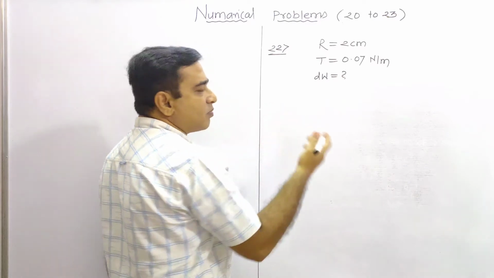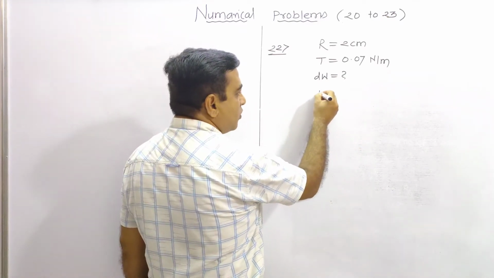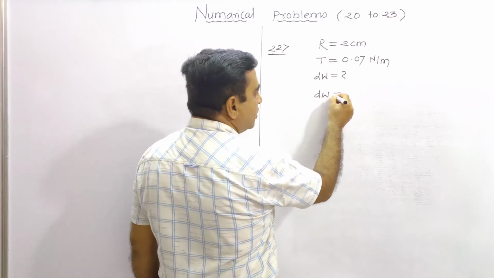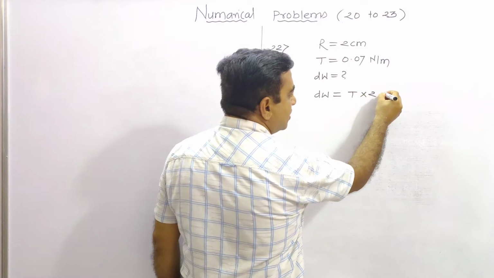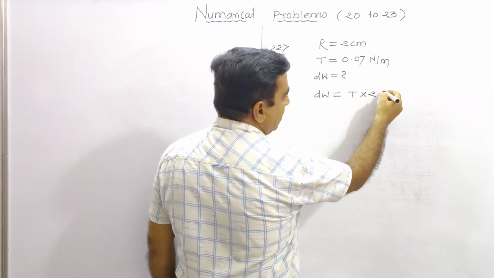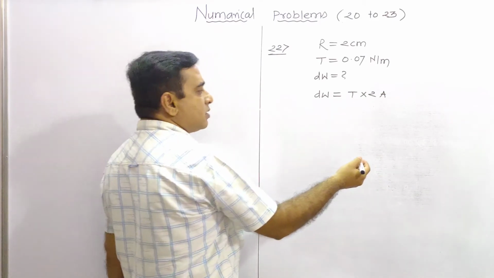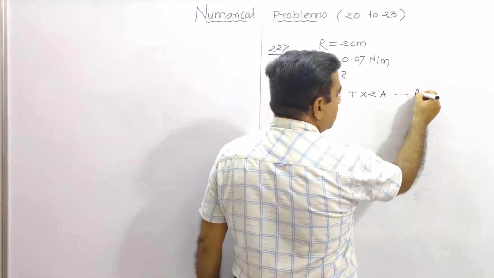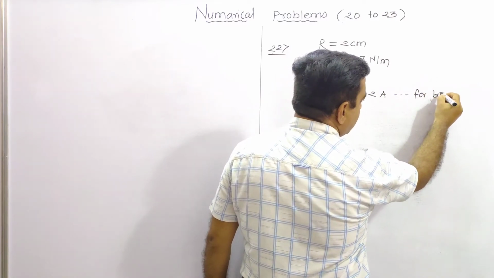A very simple formula is what we are going to utilize. Work done is equal to T into twice the area, that is A, for a bubble.